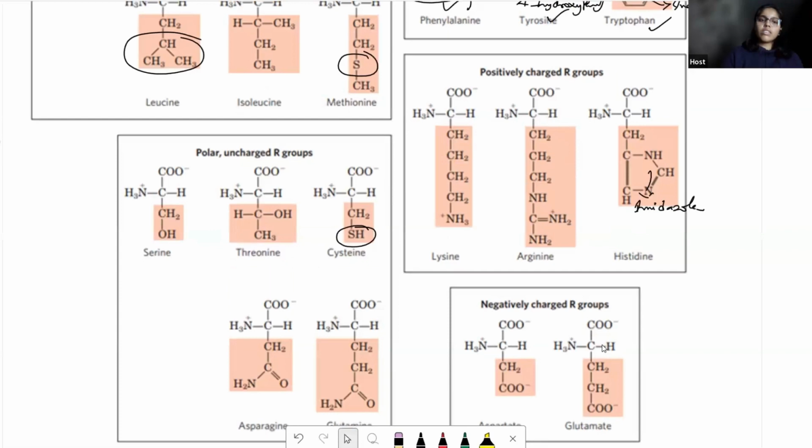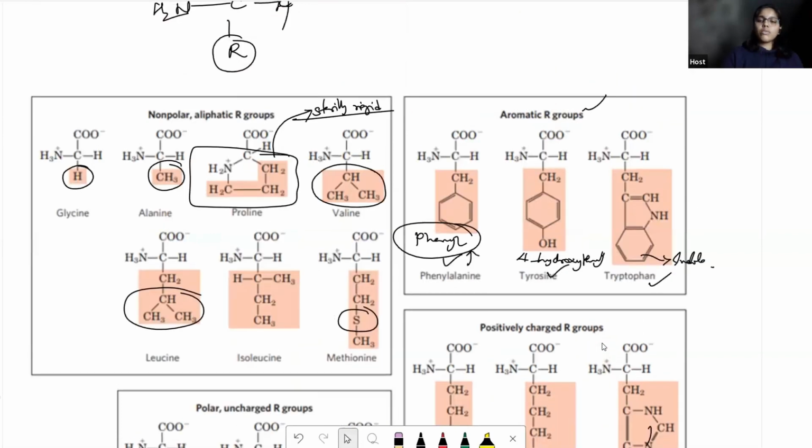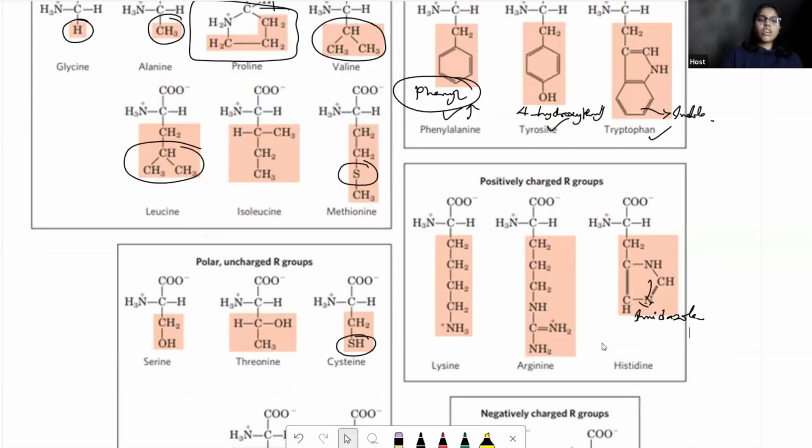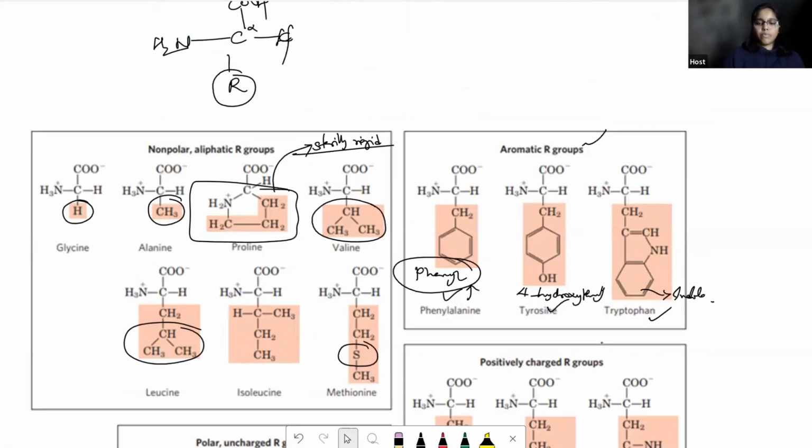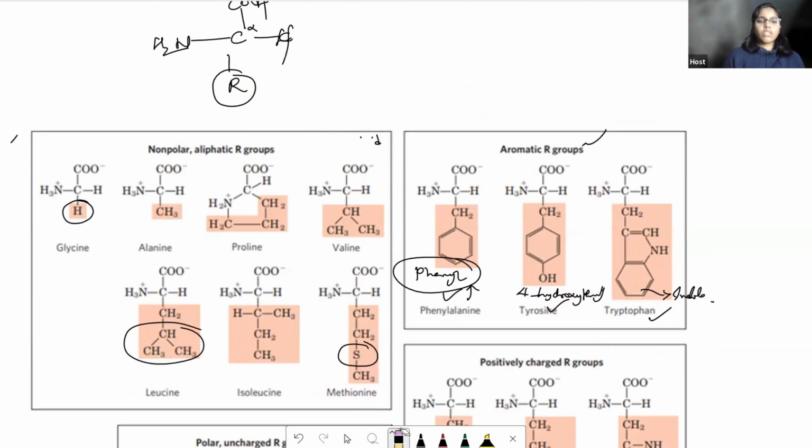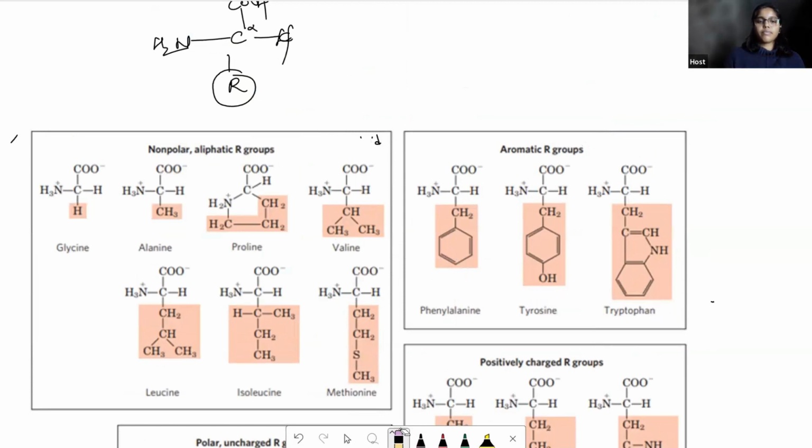Coming to the classification, you have non-polar R groups, where you don't have the polar side chains.